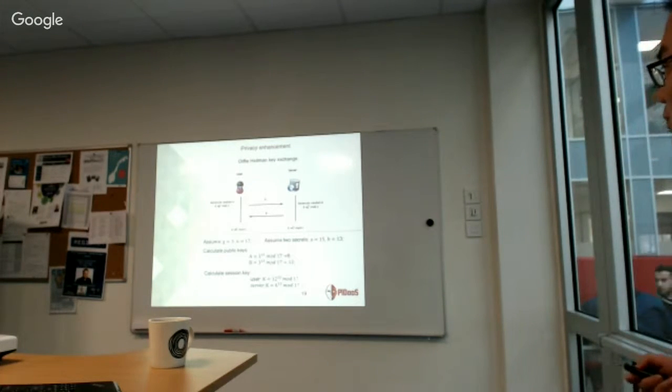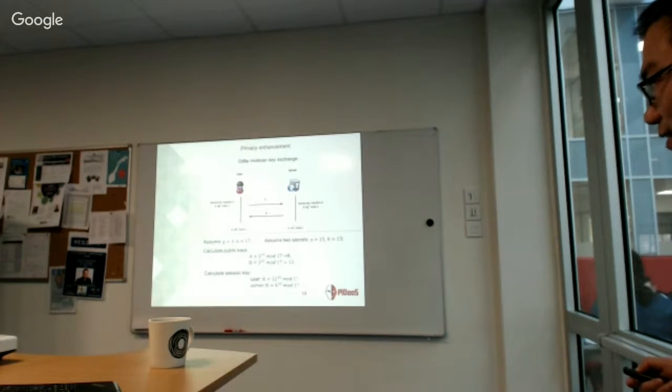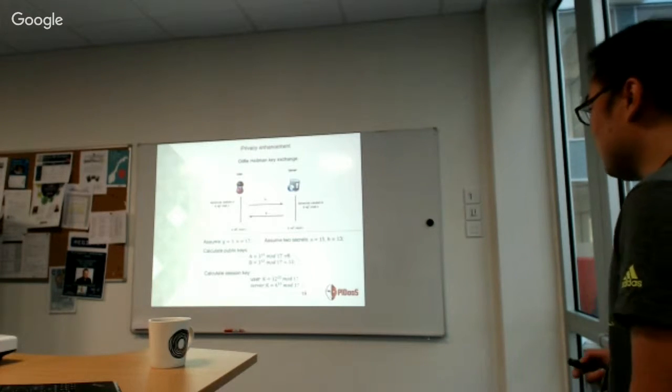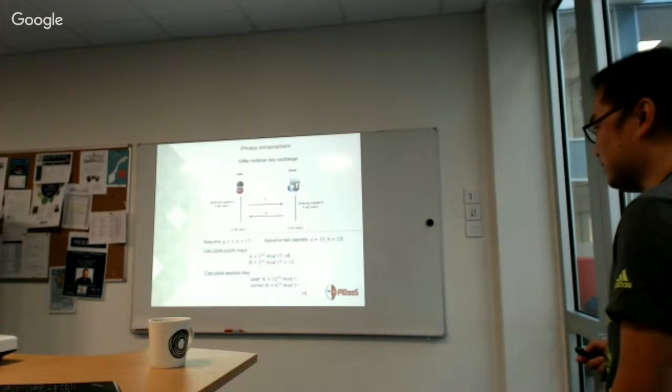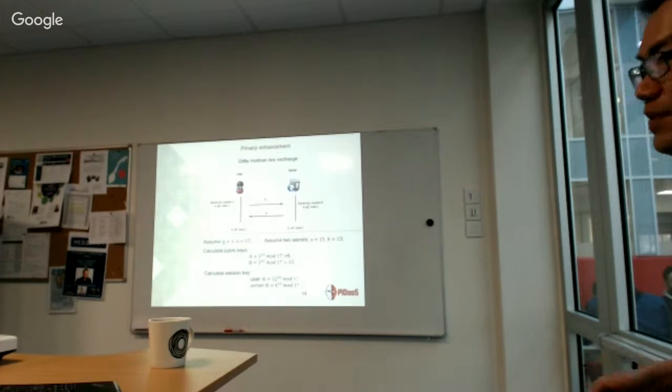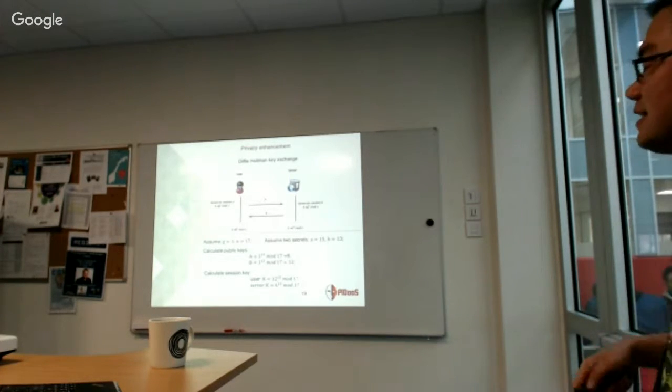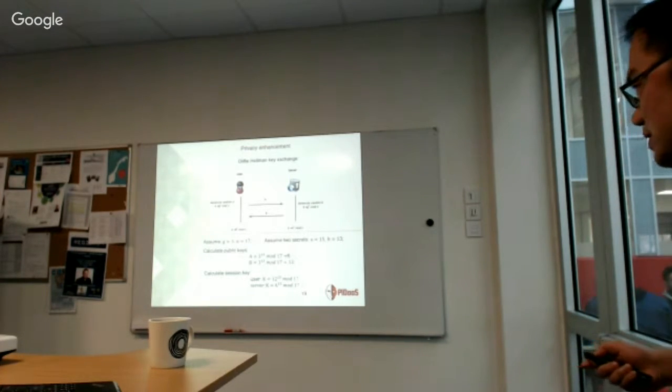So we assume the generator is 3 and the modulus is 17, which can be public. The attacker can also know these two values.